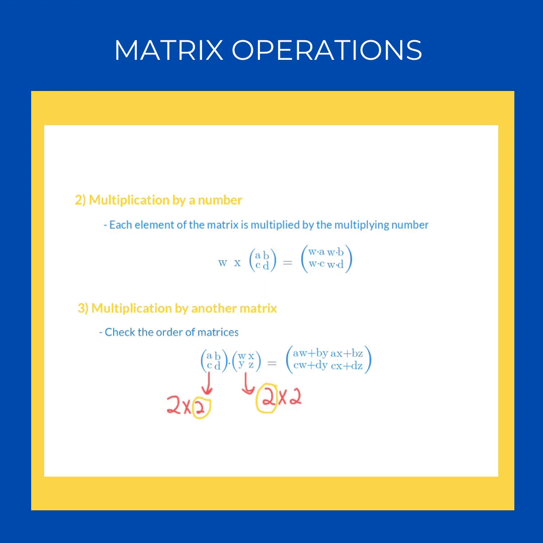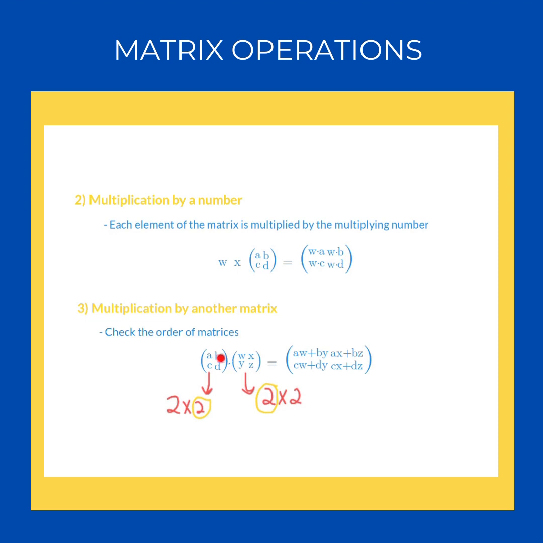So let's multiply the first row times the first column. So A times W and B times Y, I add them together and I will get AW plus BY. Then I multiply the first row by the second column, so A times X and B times Z, I add them together, so I will get AX plus BZ.